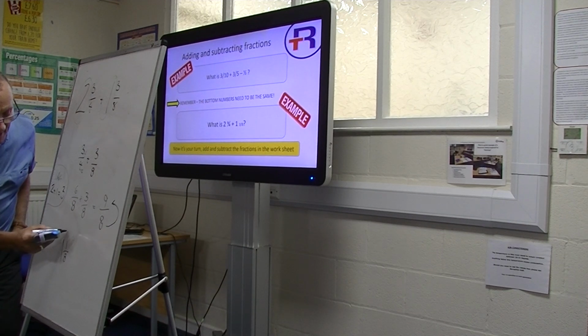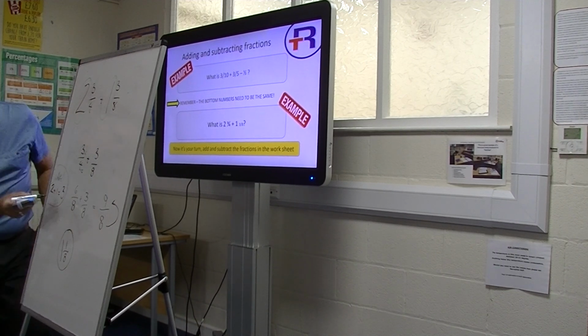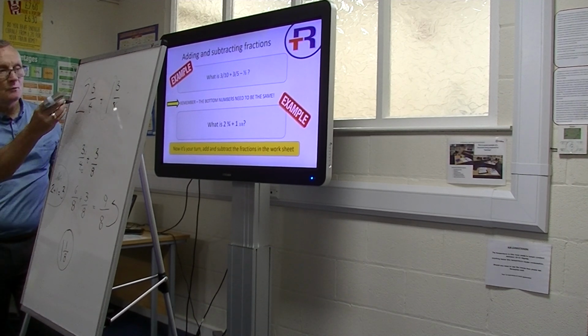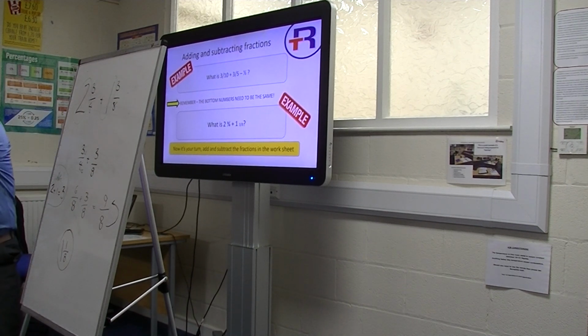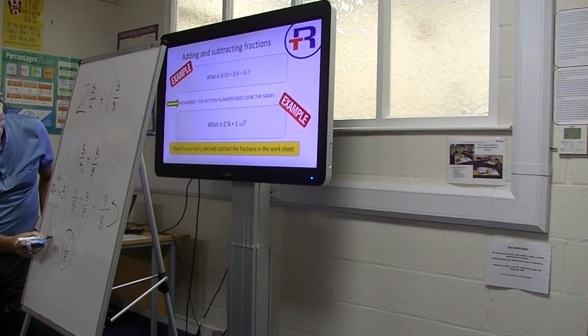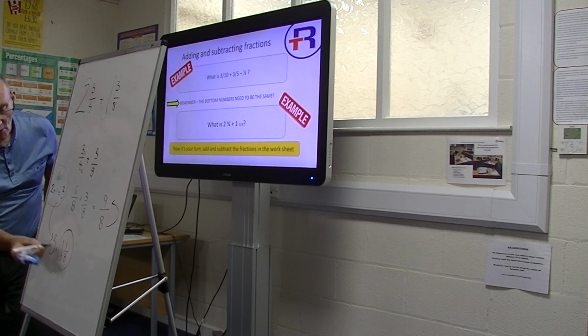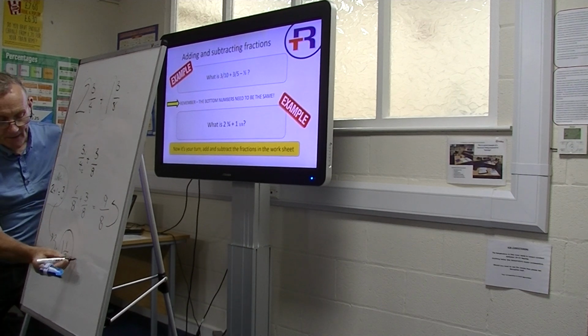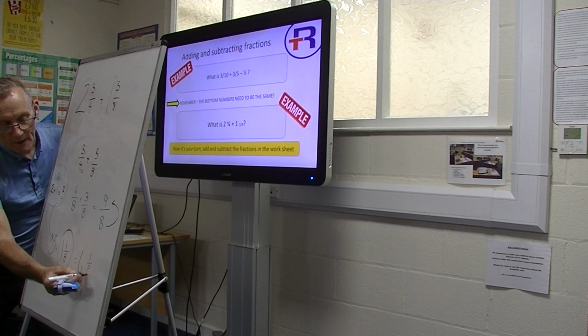That answer there is those two fractions added together. This answer here, this 3, remember, was the two whole numbers added together. Let's bring them together. 3 whole numbers plus 1 whole number and 1/8 equals 4 and 1/8.